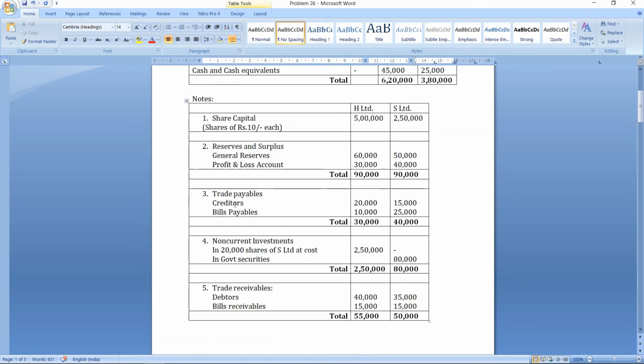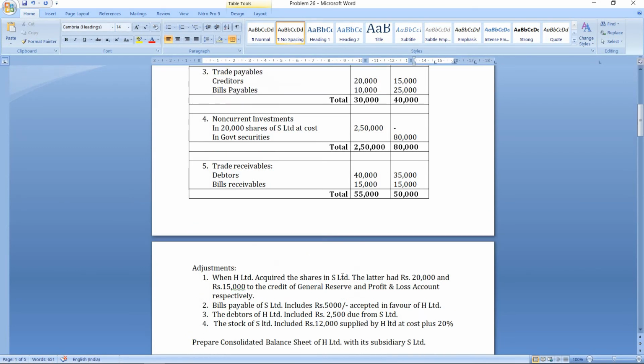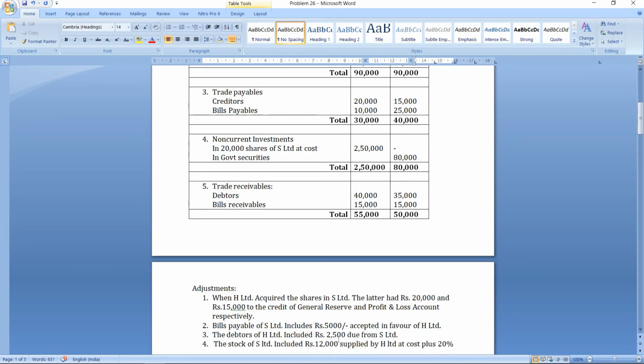Now trade payables, you have creditors 20,000 of H Limited and of S Limited 15,000, but you also have the debtors of H Limited which include 2,500 which is due from S Limited. So this we have to eliminate. First we have to take creditors 20,000 and 15,000. From that we have to minus this intercompany holdings which is 2,500.